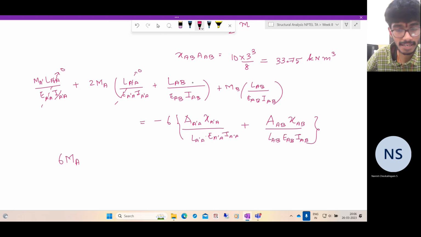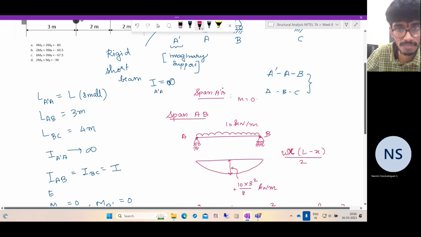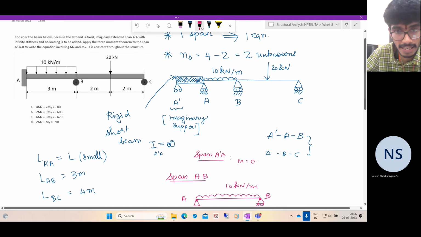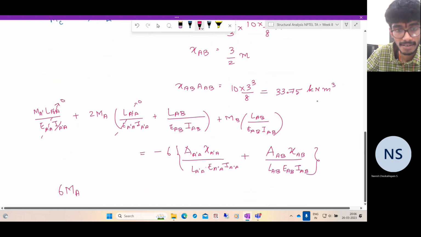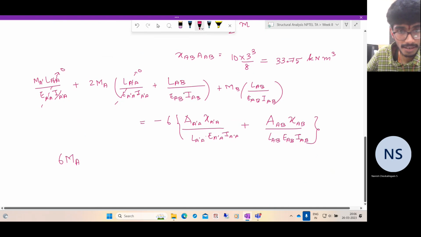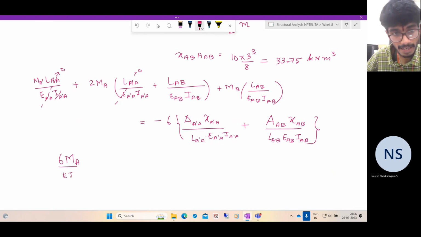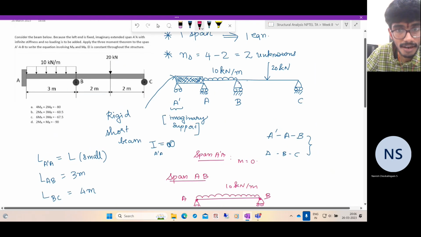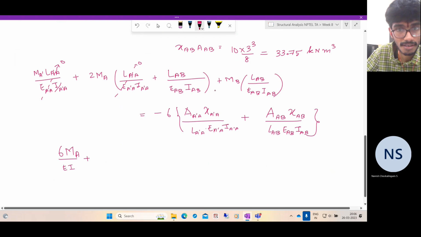And EA is constant, except for the virtual span. Except for the imaginary span, for the real span, it's all constant. EI is constant. I can take MA by EI plus MB into LB. So what is LAB? LAB is 3 meters.